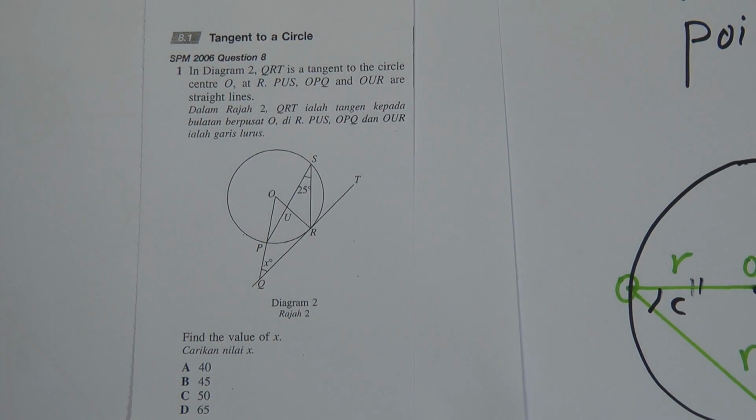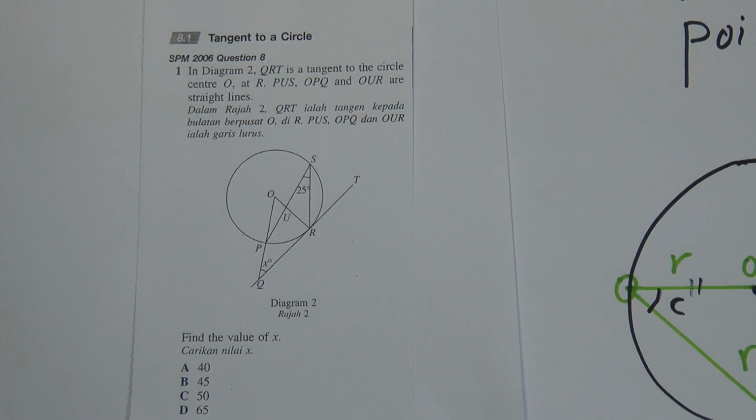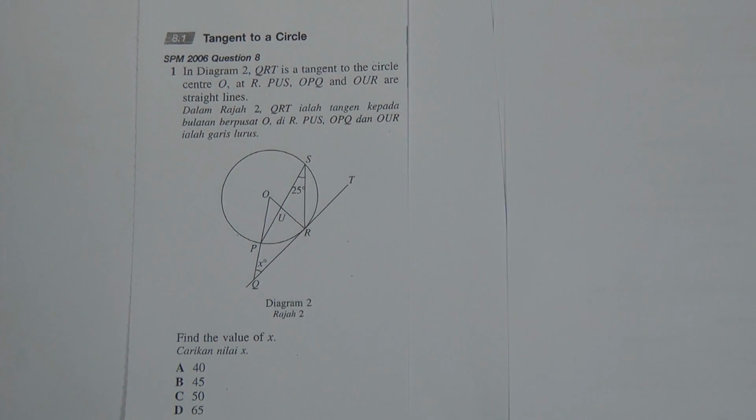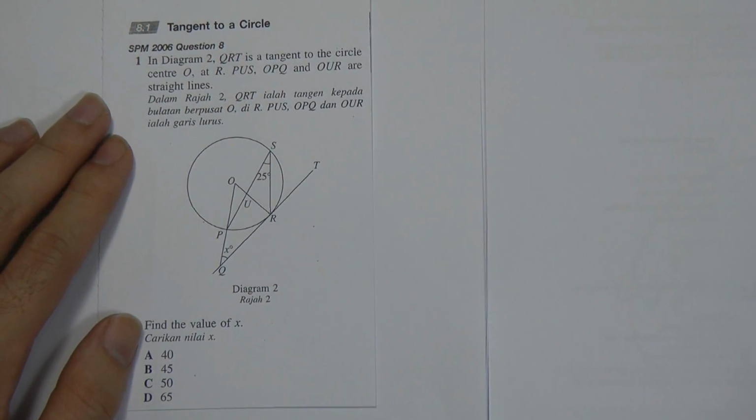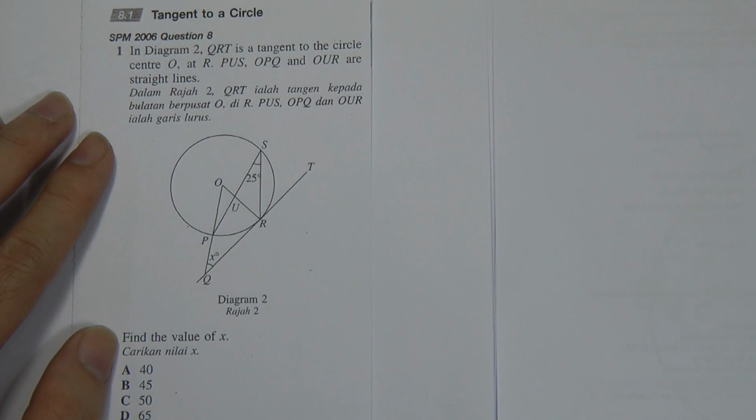I guess you have better vision now, so I just cover over here. Don't give so many distractions. Let's have a look at this question. Let me zoom in a little bit more.